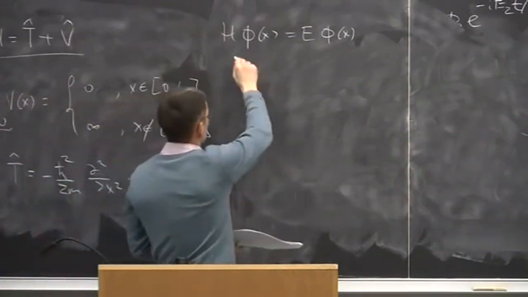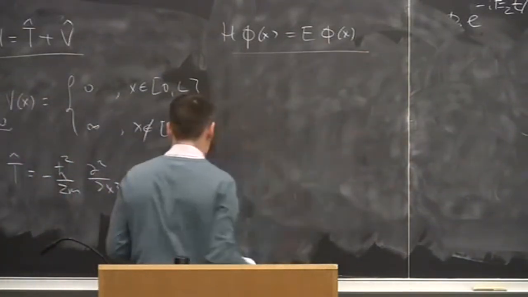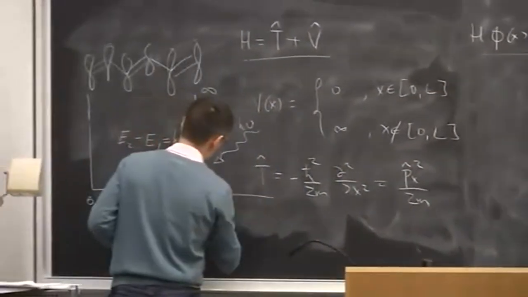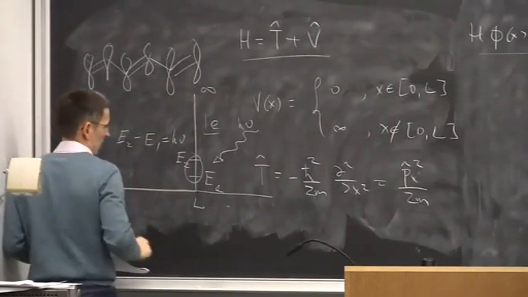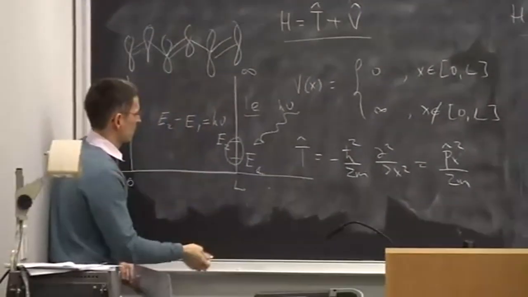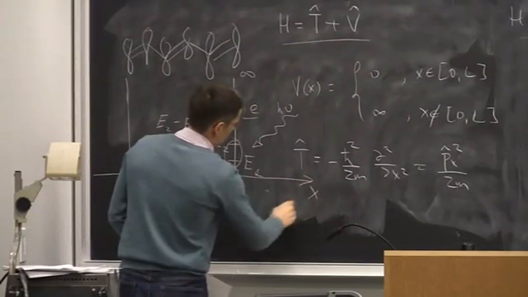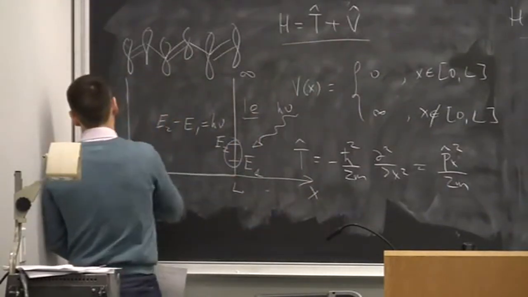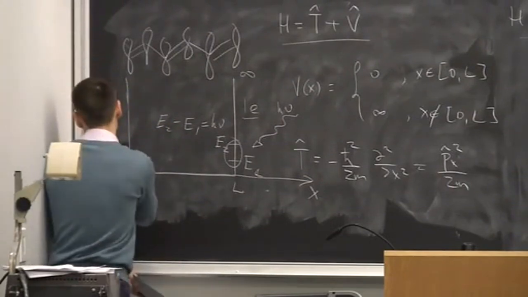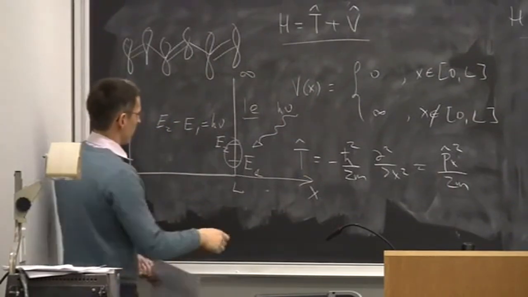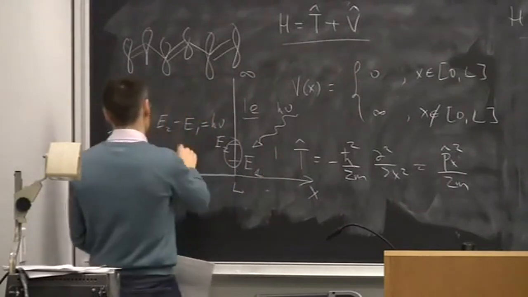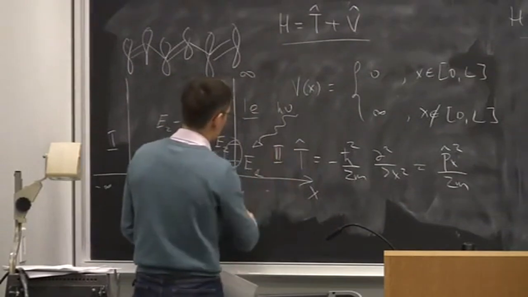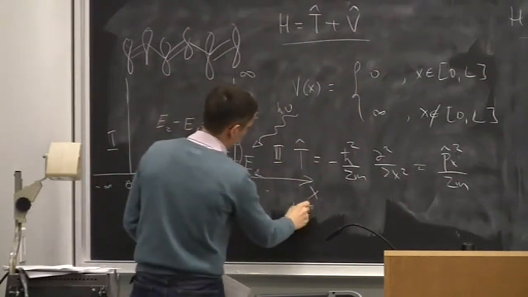The way we solve this differential equation is going to be piece by piece. We have 3 regions in the x coordinate. Region 1 is from minus infinity to 0, region 2 is between 0 and L, and region 3 is between L and plus infinity. Okay.